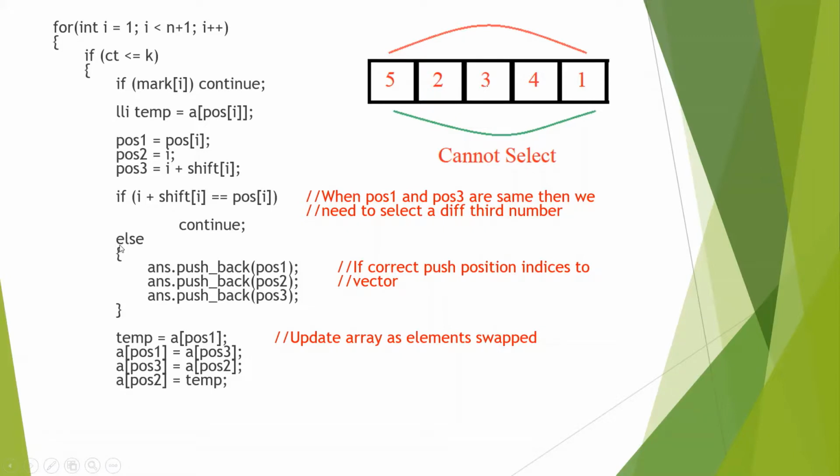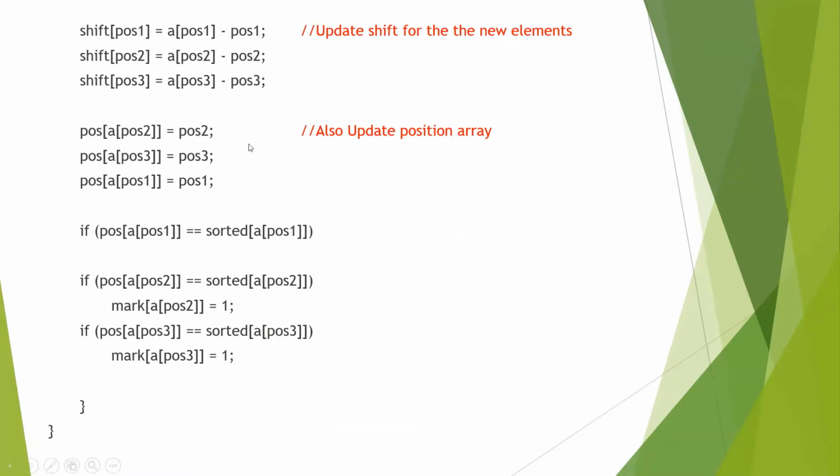So we see that if it was correct, we push the position indices to the vector. And also we update the array elements as they are swapped. Now we update the shift for the new elements because as the elements are changed, their shift has also been reduced or even they can be increased.